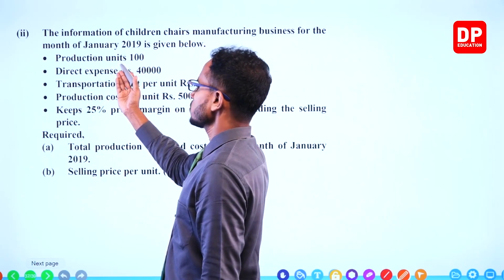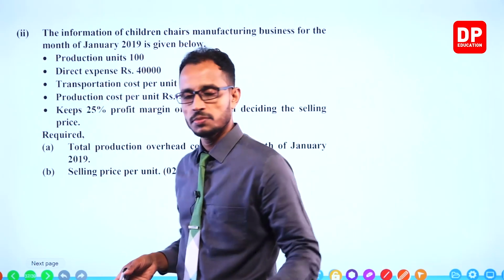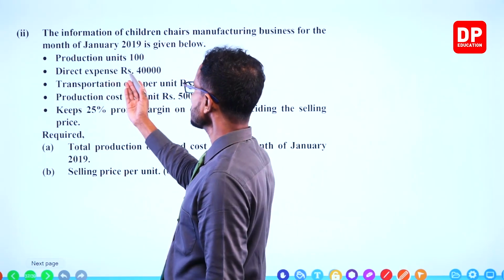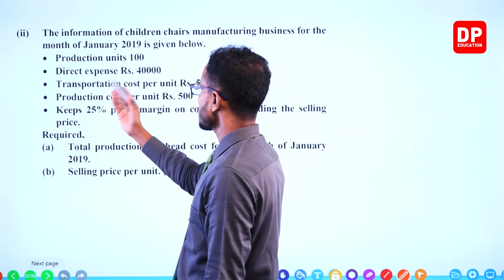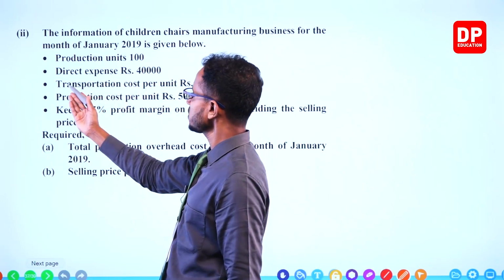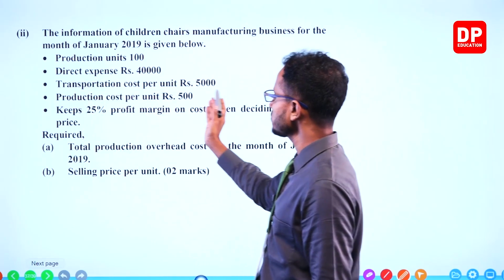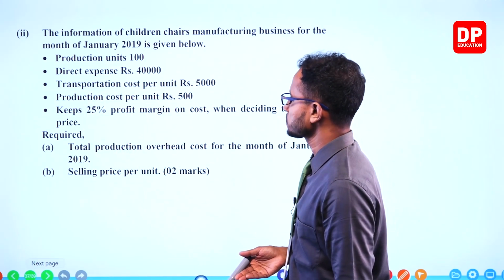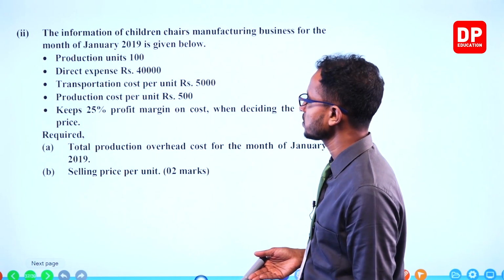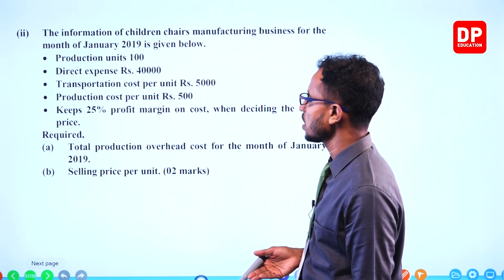Units 100. That means 100 chairs per month. Direct expenses 40,000. Transportation cost per unit 5,000. Production cost per unit 500. Wow.